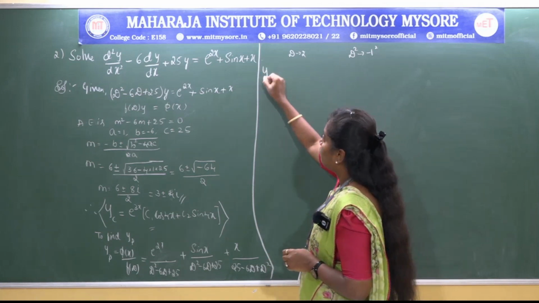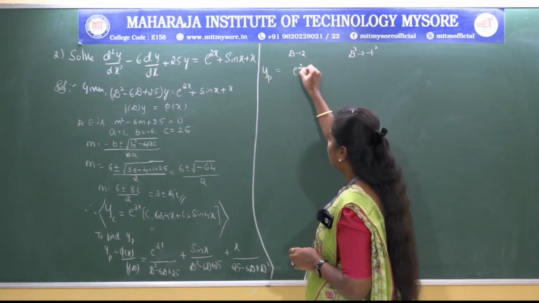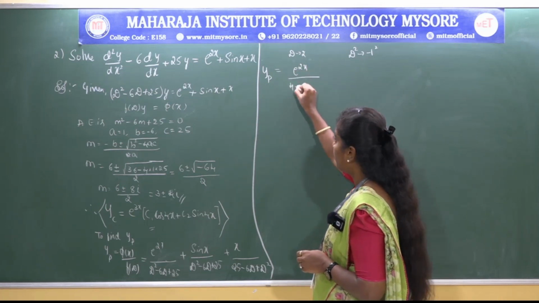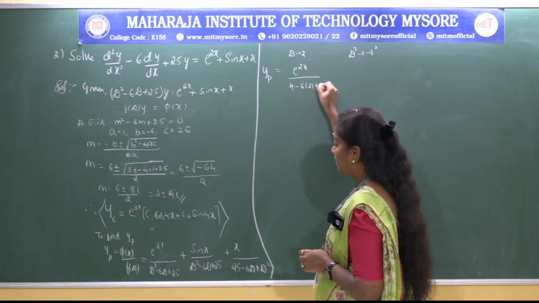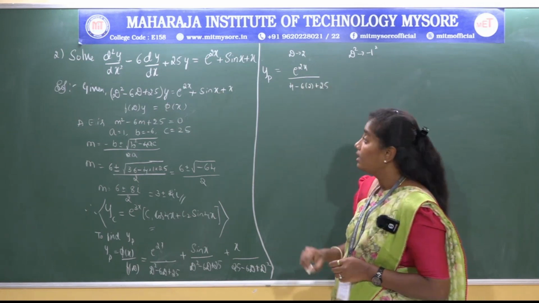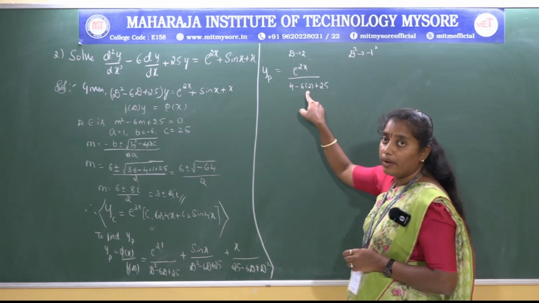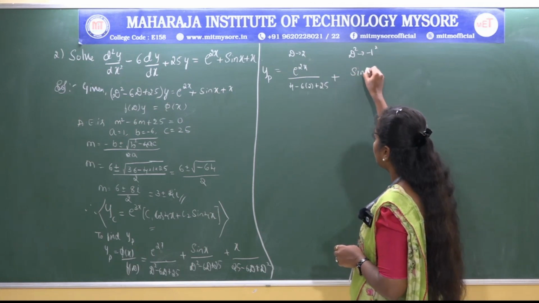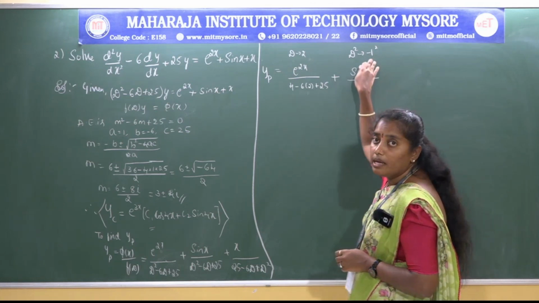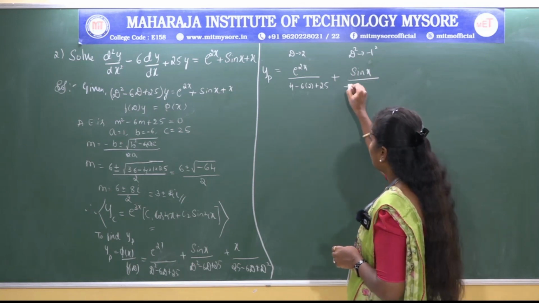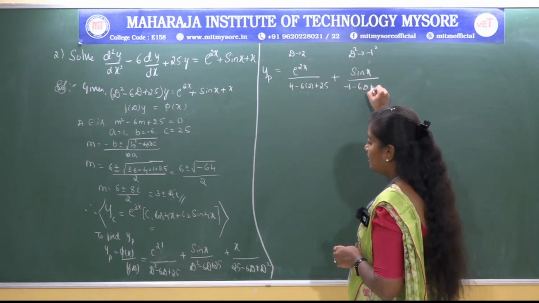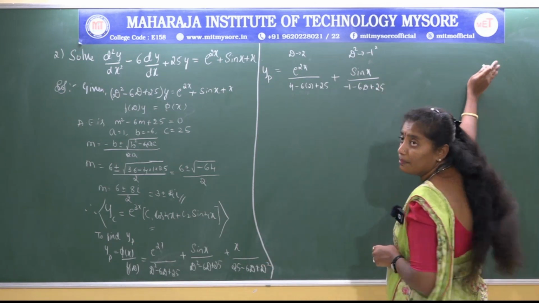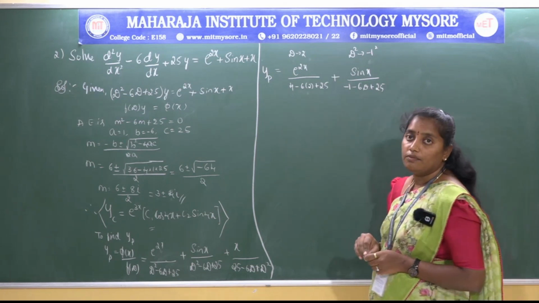Now yp is equal to e power of 2x, and the denominator on replacing d by 2: 2 square is 4, minus 6 into 2 plus 25, that is 4 minus 12 plus 25. In the second term, sin x divided by d square replaced by minus 1 square, so we get minus 1 minus 6d plus 25. Later I'll divide that one separately. First I'll simplify the first two.